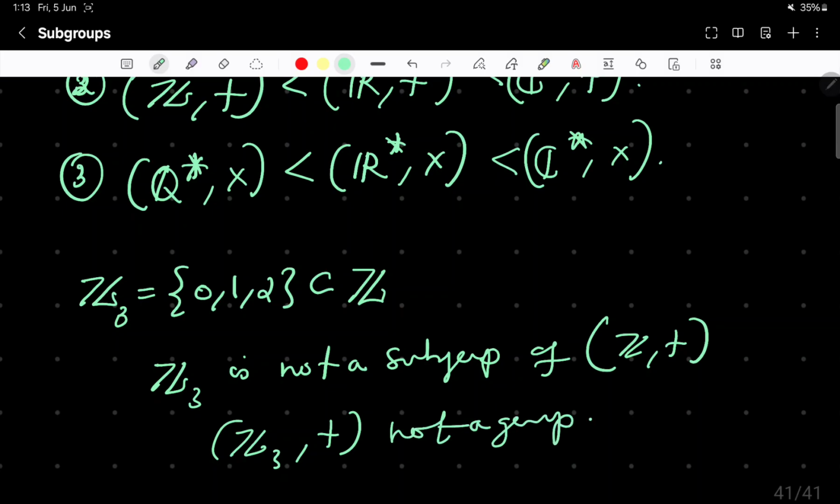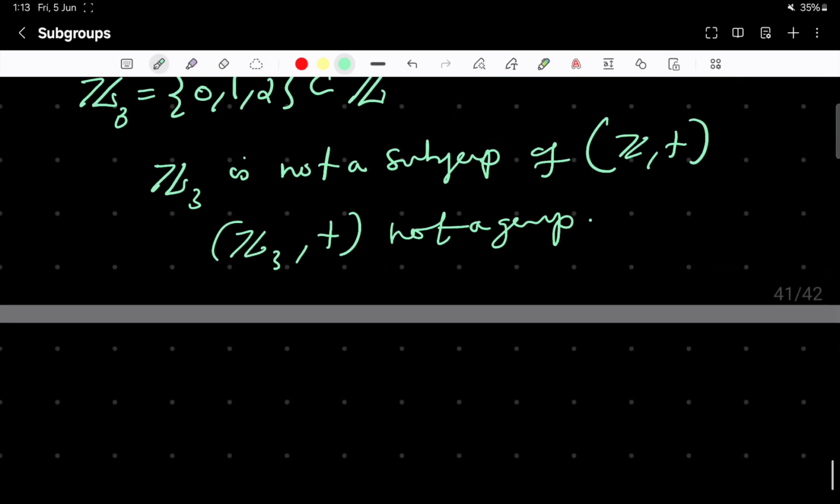Here it is a group, but under addition modulo 3, and that is not the operation on the set Z. So the operation has to be the same, and it also has to be a subset. Okay, so this is very important.